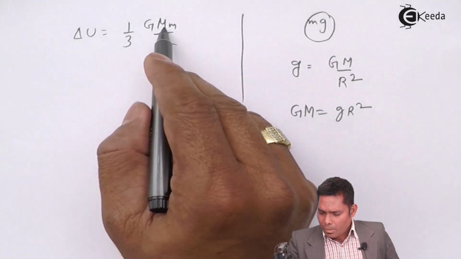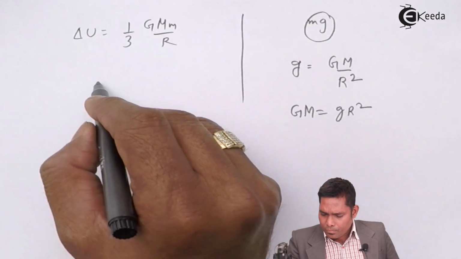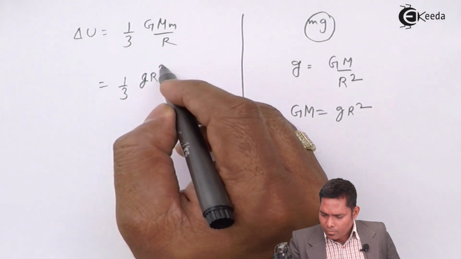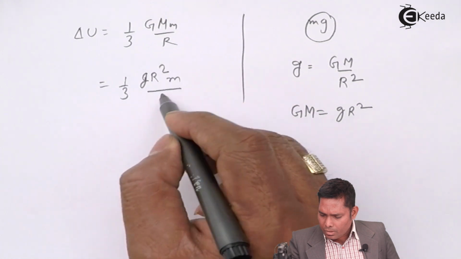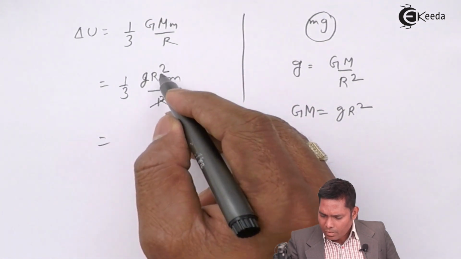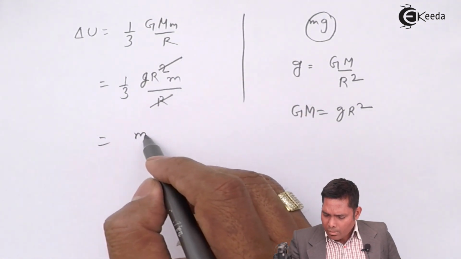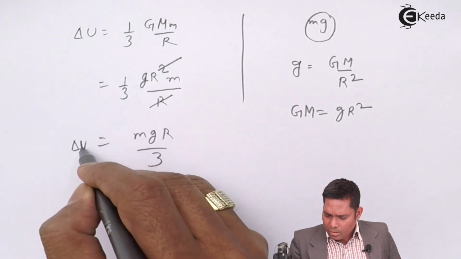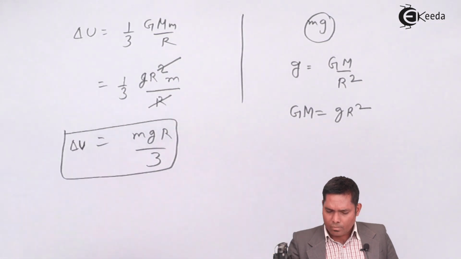So in place of G capital M, I'll write g R square. So it is 1/3 g R square into m divided by R. So one R will cancel out. It is m g R divided by 3. This is the answer to this question.